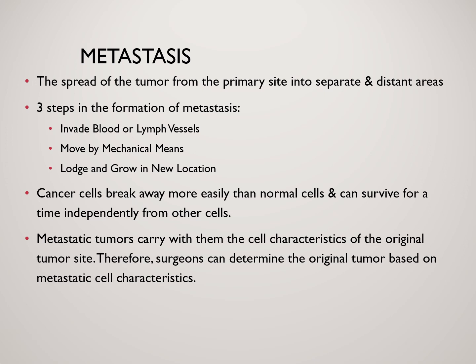So that is how the surgeons can determine the original tumor based on the cell characteristics. For example, lung tissue found in the brain suggests a primary lung tumor with metastasis to the brain tissue. Common sites of metastasis are the lungs, liver, bones, and brain.